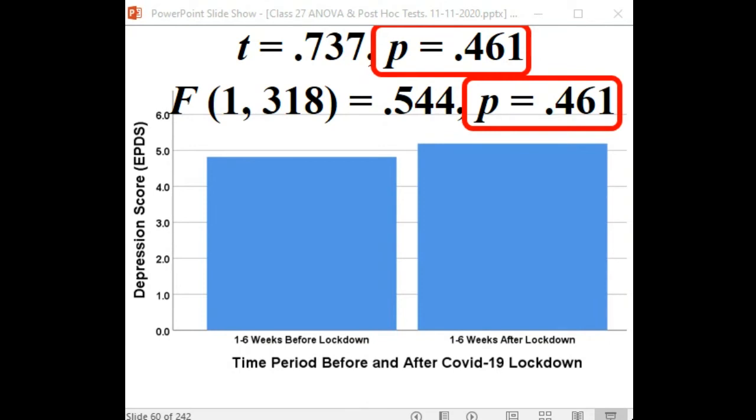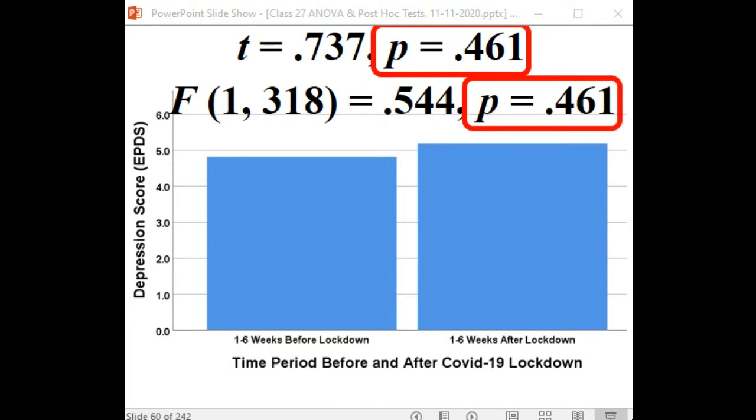So this turns out to be a general rule. When we want to compare the means of two groups, we can use either a t-test or ANOVA, and it really doesn't matter which we use, because the p-value will be the same either way, and we will reach the same conclusion either way. If you read scientific journals, you'll see that when researchers are comparing two groups, some researchers use the t-test and others use ANOVA.